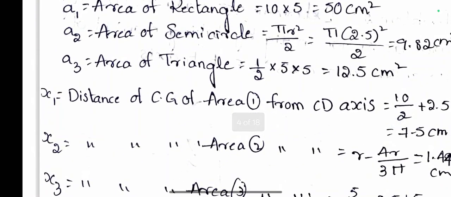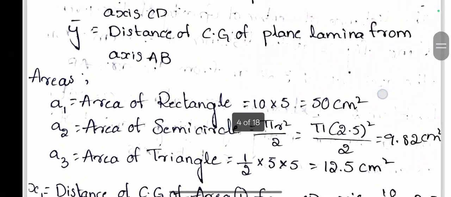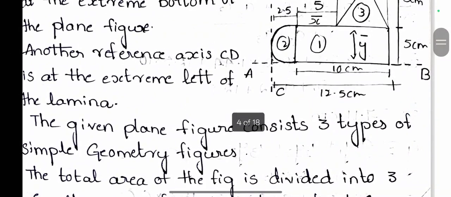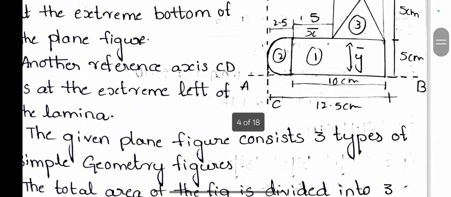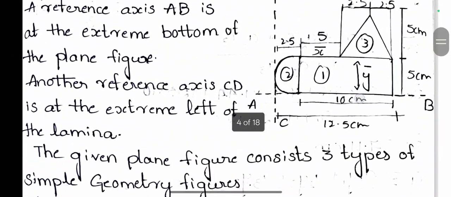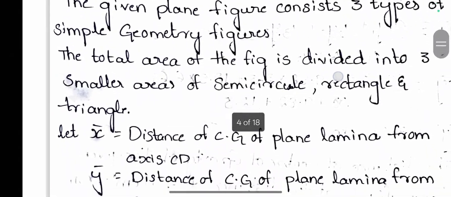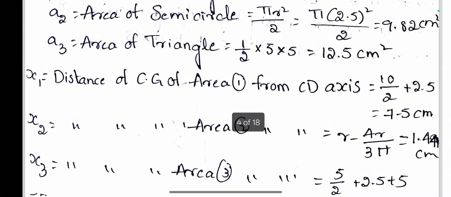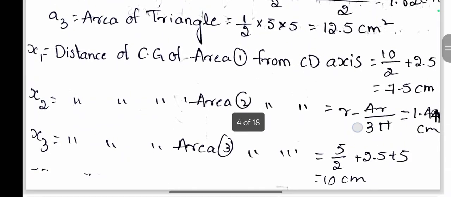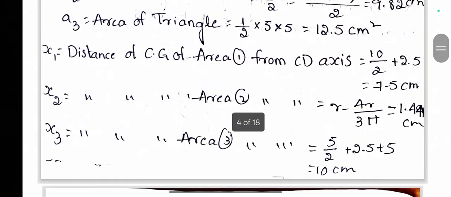Next, we need to find the distance of the CG of the rectangle from the line CD. We know that the rectangle's center of gravity distance is d by 2 or b by 2. So the distance of the CG of area 1 from the CD axis is 10 divided by 2.